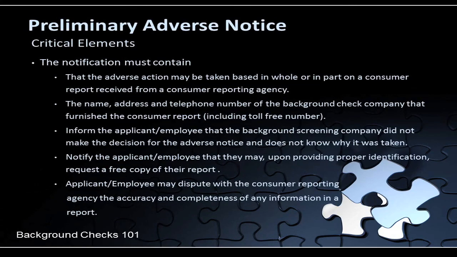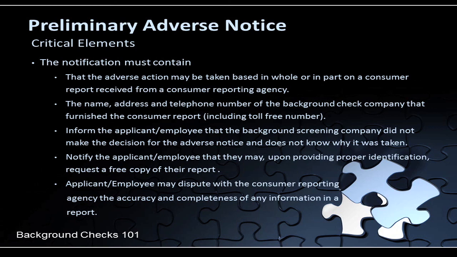Critical elements. The notification must contain that the adverse action may be taken based in whole or in part on a consumer report received from a consumer reporting agency, the name, address, and telephone number of the background check company that furnished the consumer report, including the toll-free number.